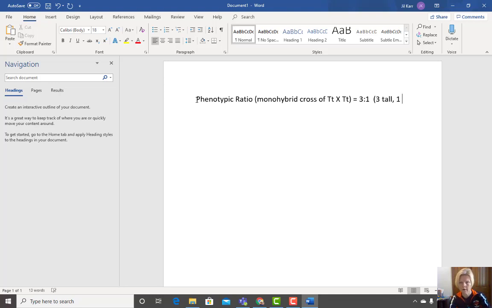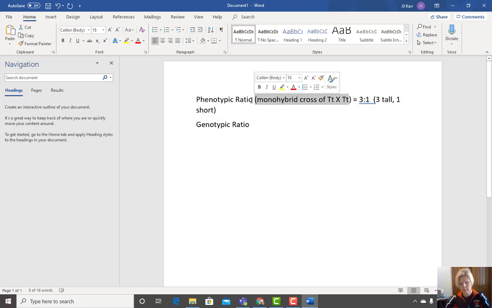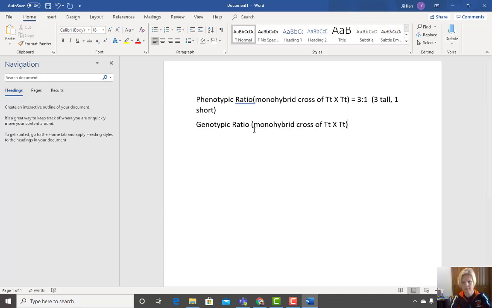Now the genotypic ratio, looking at the same thing, is going to be 1 to 2 to 1, which means I'm going to have 1 big T big T, 2 big T little t, and 1 little t little t.